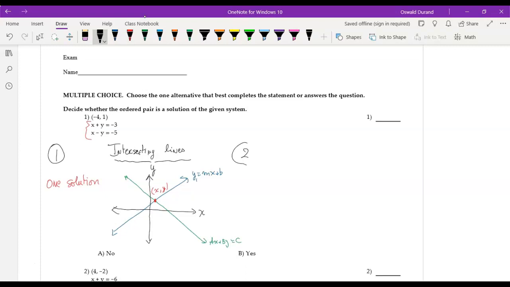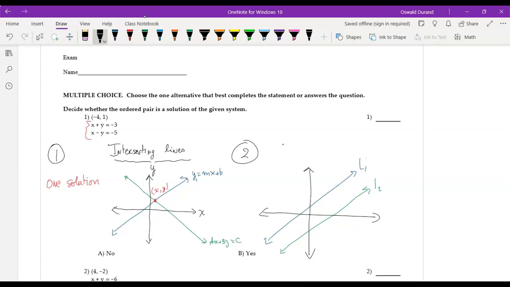The second scenario is, you have your coordinate plane, right? Line number 1, I'm just going to call it L1, and then L2. And those are parallel lines.